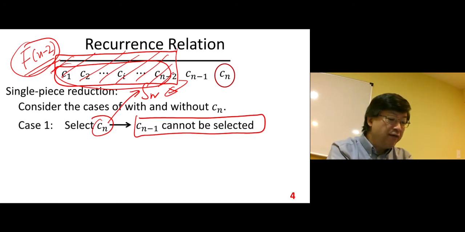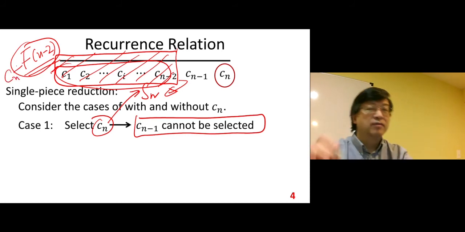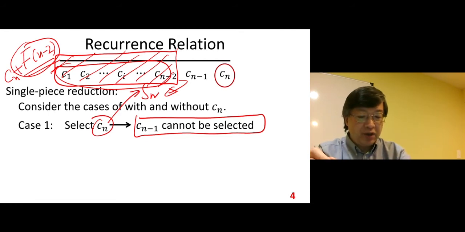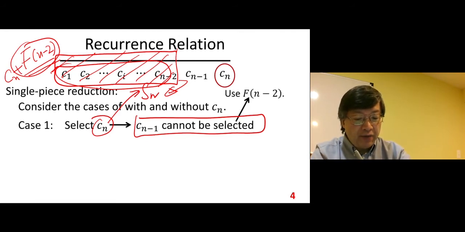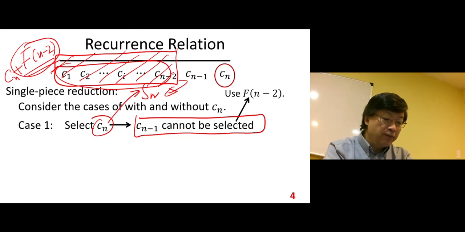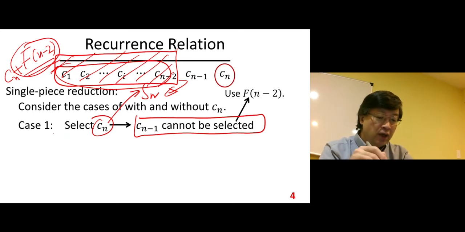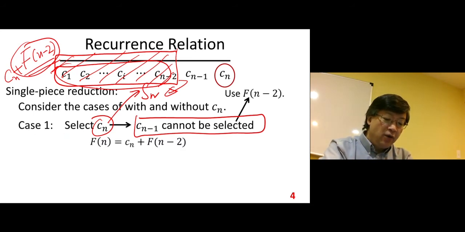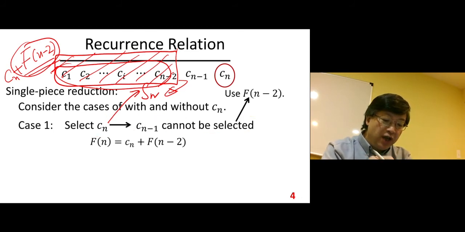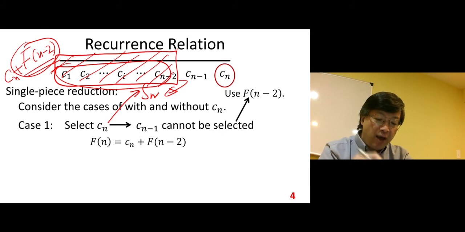But remember, you also have the Cn value, right? Plus. So the equation is this. Under this case 1 condition, the relationship is f of n equals Cn plus f of n minus 2.